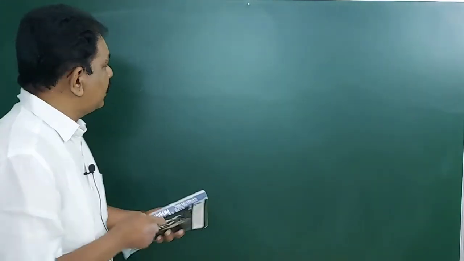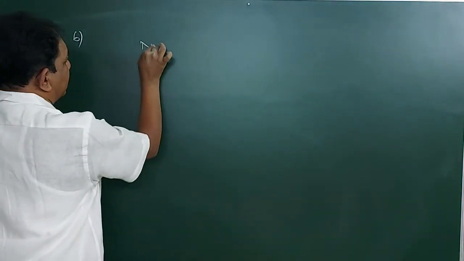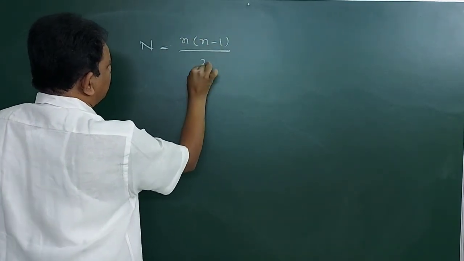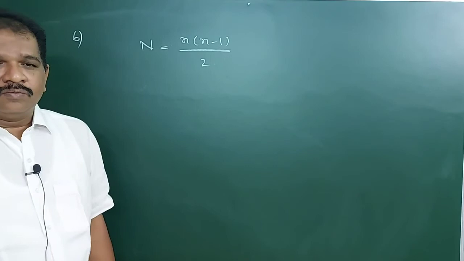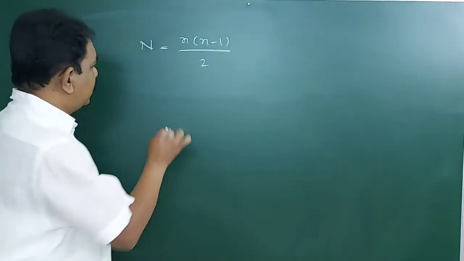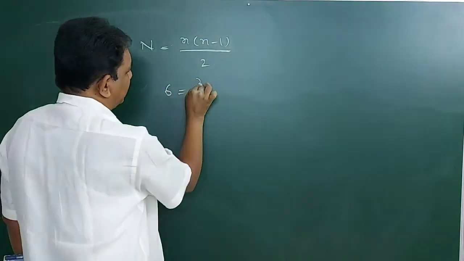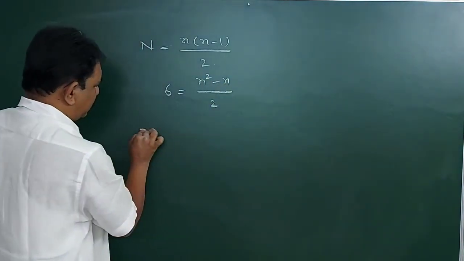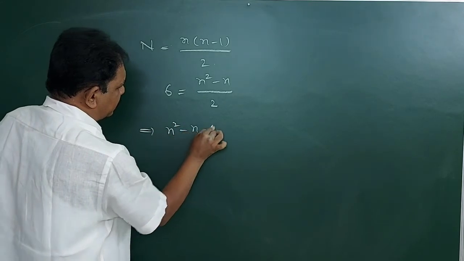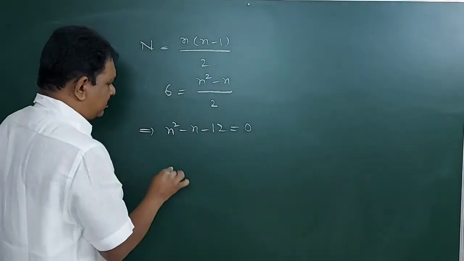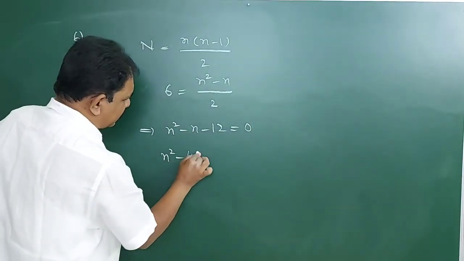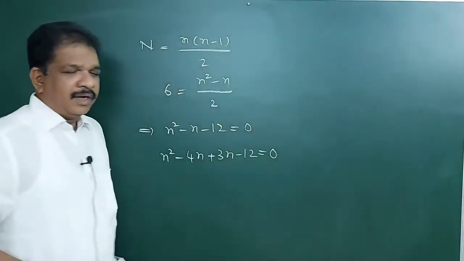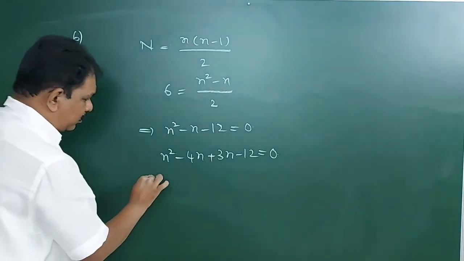Number of spectral lines emitted, capital N, is equal to n into n minus 1 by 2, that is the formula. Here this is 6. n squared minus n by 2. n squared minus n minus 12 is equal to 0. n squared minus 4n plus 3n minus 12 is equal to 0.